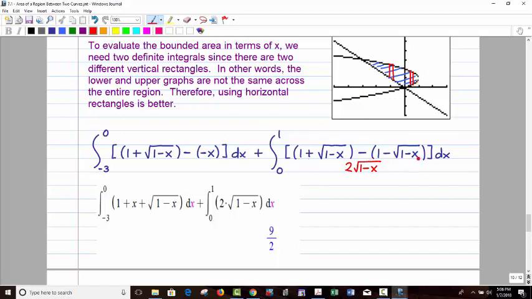Upper minus lower. I happened to combine those algebraically here, but the terms don't combine on the left one. The negative of -x just becomes +x.